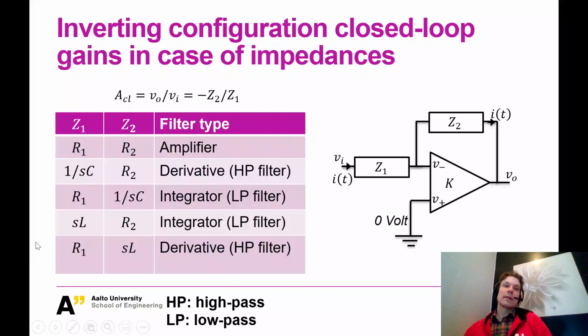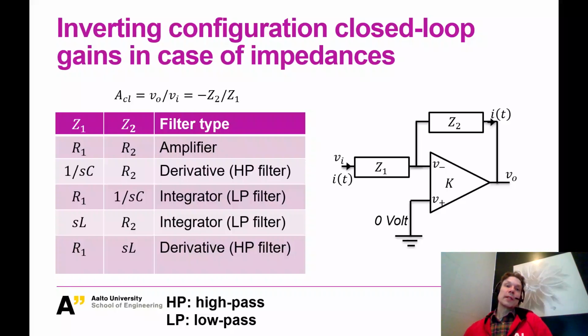You have resistance 1 and capacitance for the first setup, and then resistance 1 and resistance 2 for the second setup. And now you have to work out these values in such a way that the whole transfer function will be 1 over s.